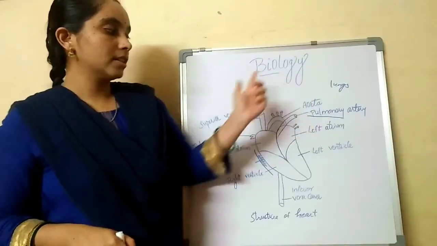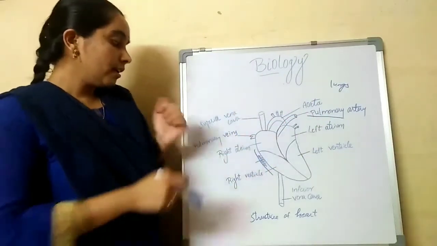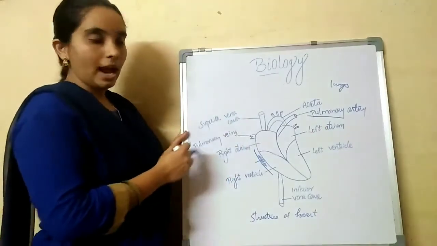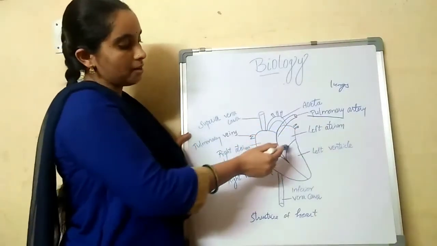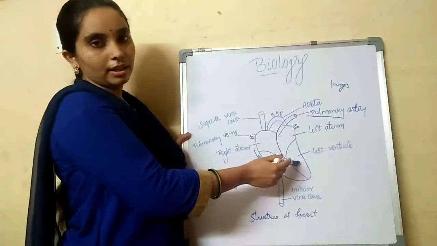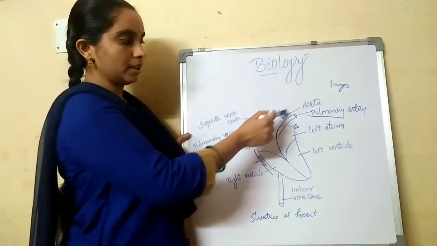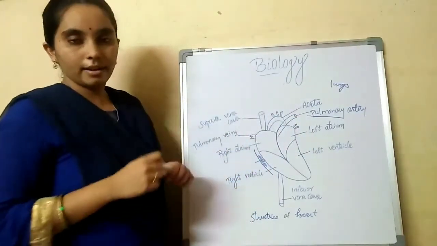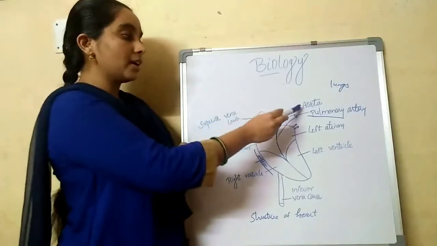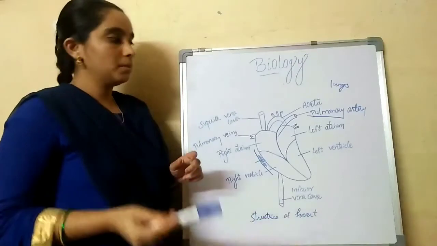That oxygenated blood is collected by the pulmonary veins and given to the left atrium. From the left atrium it is given to the left ventricle, and this left ventricle will give the blood to the aorta, and this aorta is the largest artery in our body, and it will supply the oxygenated blood to all parts of the body.